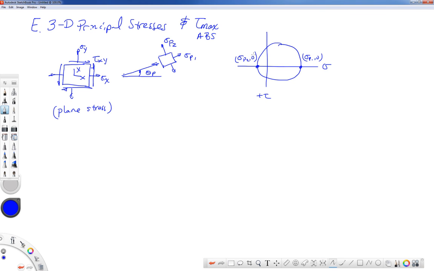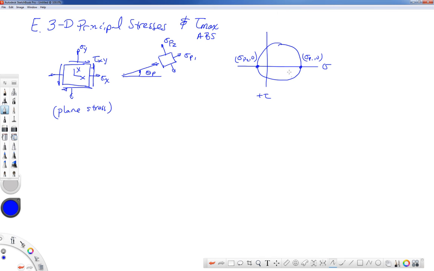One of the things we talked about in that lecture was the maximum in-plane shearing stress. As I rotate my little block around the z-axis in the xy plane, I can change the values of sigmas and taus until either the sigmas are a maximum or the taus are a maximum.